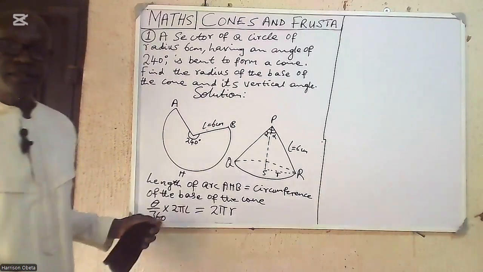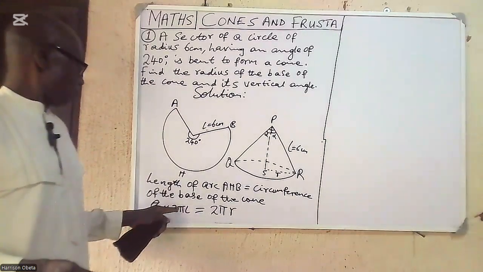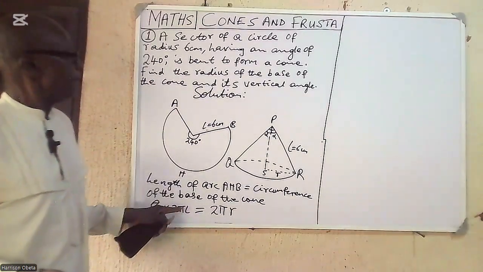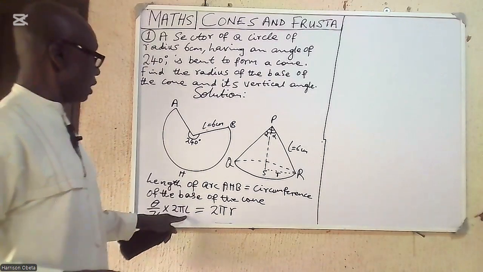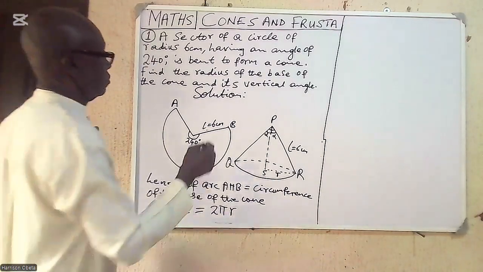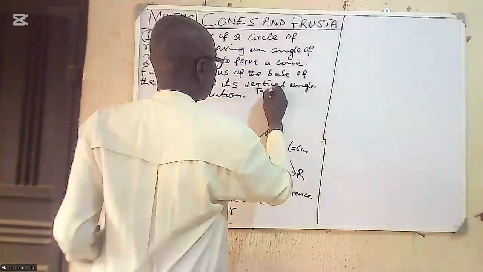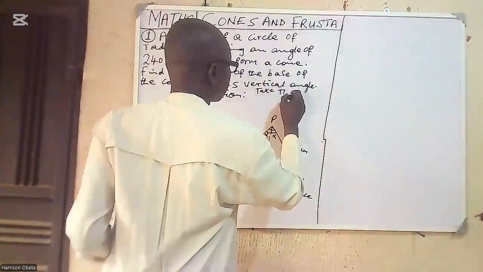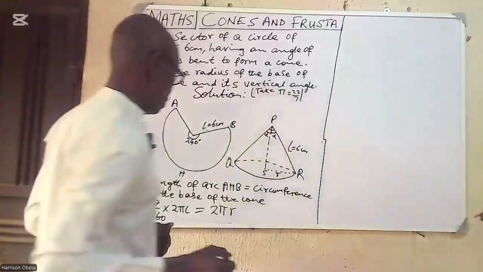So remember that our theta is 240. Then our L is 6. And then our pi, normally, take pi as 22 over 7. Okay?